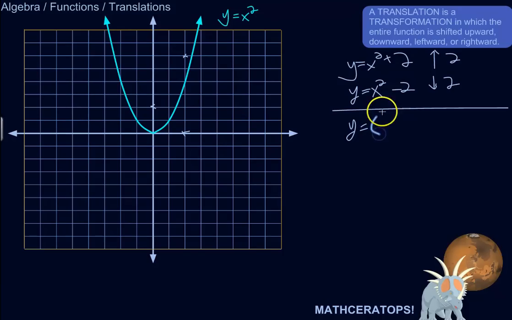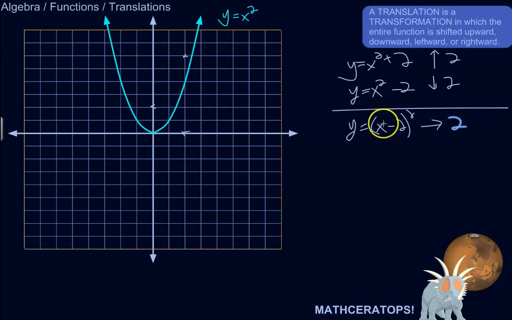And then the horizontal translations would happen inside the function. So if x squared is the function, we have to directly modify the x within the function. So for example, we'd put that shift on the inside: x minus 2 squared. Now that would actually be a translation of 2 units to the right.